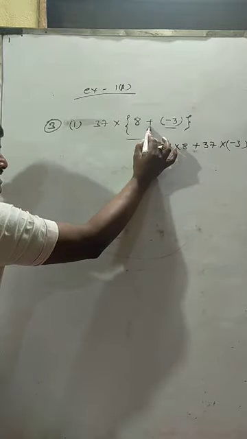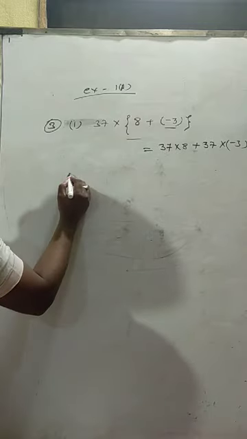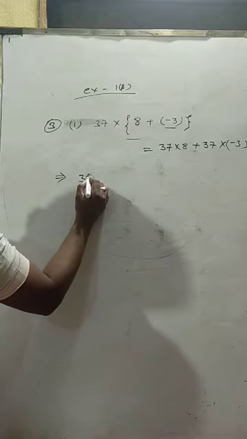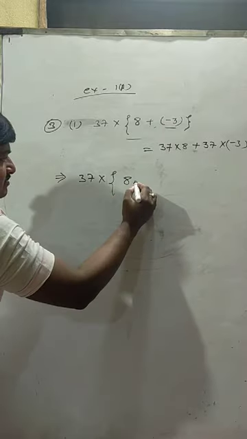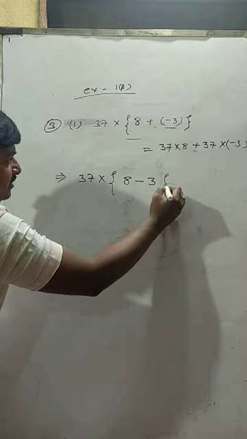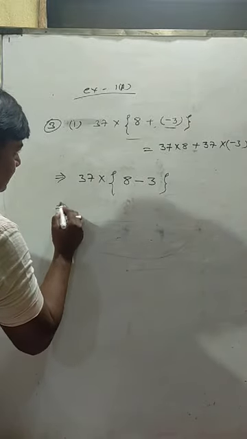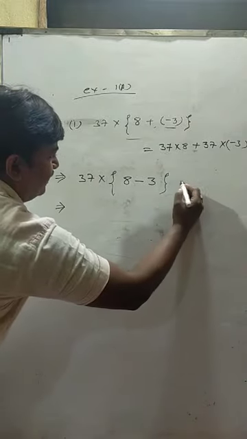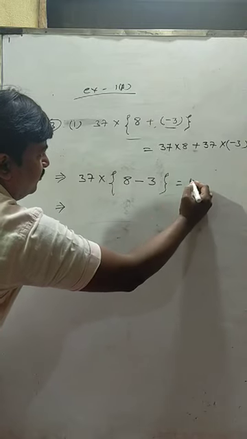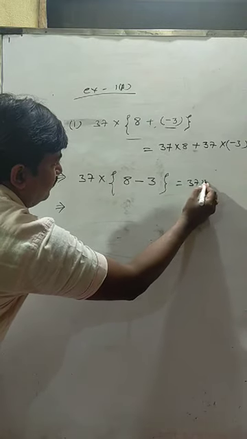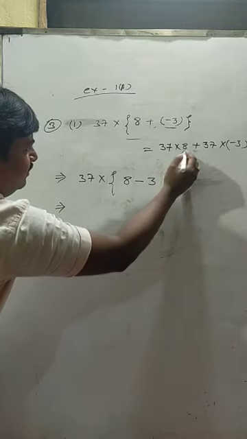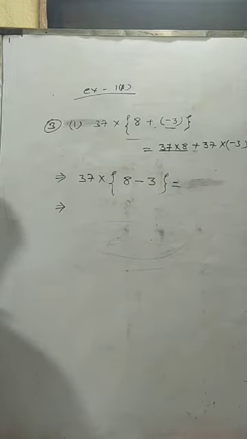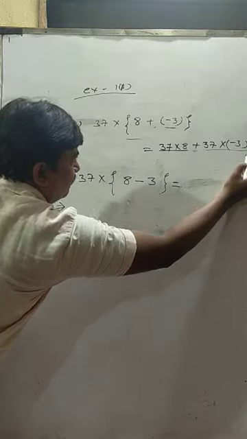Here it is 8 plus minus 3, so the result will be 37 × 5. Similarly, on this side we will write 37 × 8 and 37 × (−3).